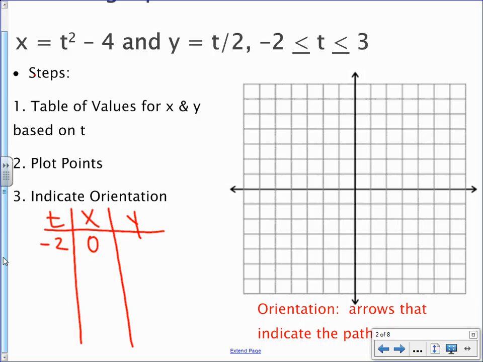And for y, -1. So we're beginning at (0, -1). Okay. Then we'll move to t equals -1. If we plug -1 in for t, (-1) squared minus 4 is -3. And for y, -1 over 2.